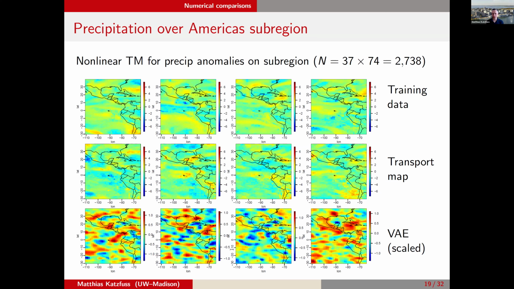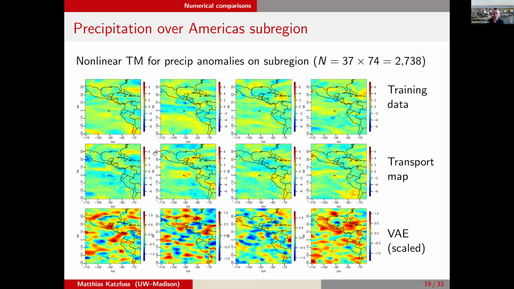Similar picture if we look at actual climate model output. This is the same precip anomalies that I showed earlier, but now we're zooming in on a small region over a portion of the Americas instead of the entire global field. Again, here's the actual climate model output training data.